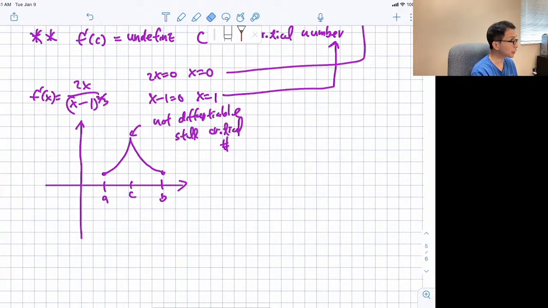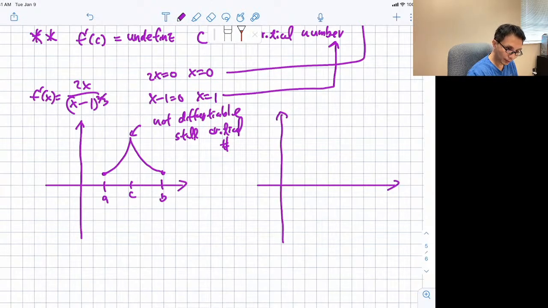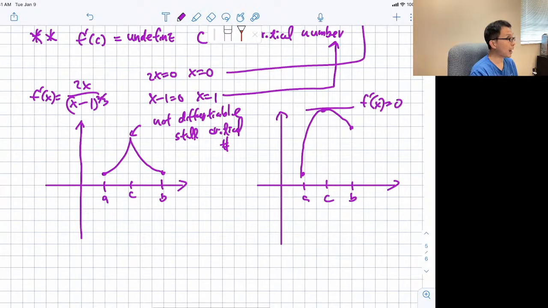C is still a critical number. Now I can have this between a and b, and I have something like this. And this c here is f prime of x equal to 0. So I can have that. That's called a relative maximum.